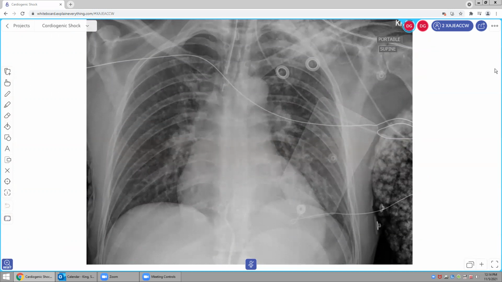Yeah, so there's some hilar fullness here. And what about this makes you think pulmonary edema? What else do you see besides the vascular congestion? Yeah, so this is a portable film. So we can't technically say cardiomegaly, but it certainly looks larger than half of the diameter of the chest, agreed.